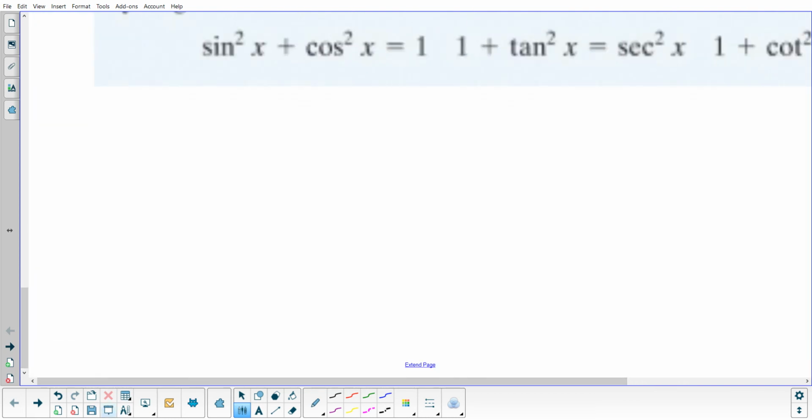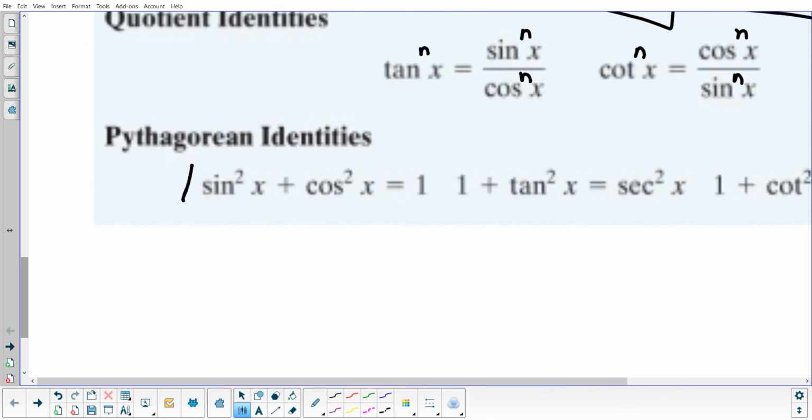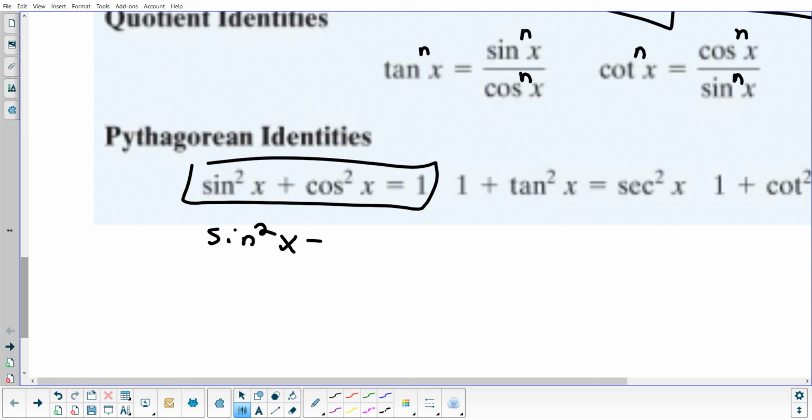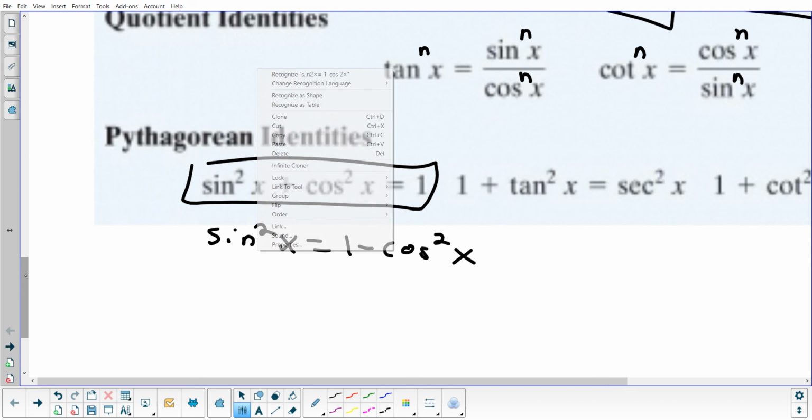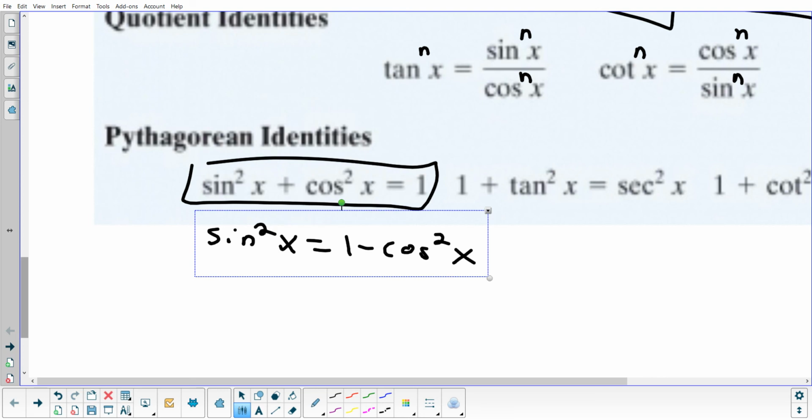Now, what you can do with something like this, you could subtract cosine squared from both sides. That's not a new identity, that's just moving something to the other side. If you did that, you would have this. Minus the sine squared to the other side, you have cosine, oh, I did it the other way. I minus the cosine squared to the other side. I'll do the sine squared now.